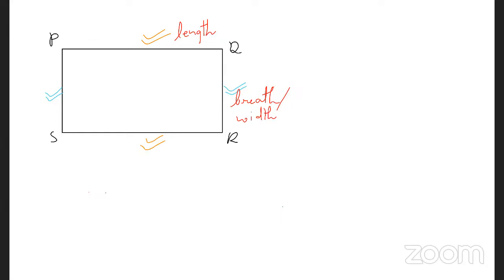Now, in a rectangle, we have opposite sides, the lengths that are the same and the widths that are also the same. So right now we are going to talk about the perimeter of a rectangle.